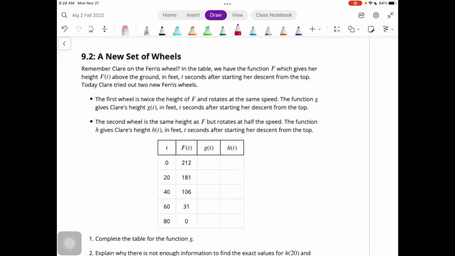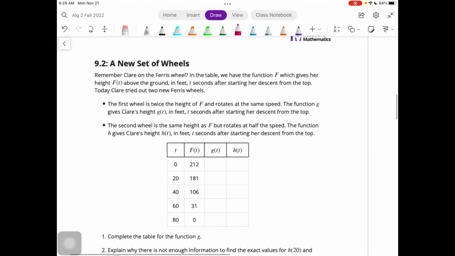All right, so the first one. The height is twice the height of f. So at time 0, that height is going to be 424 because it's twice as high, right? And then at 20, it's going to be twice that 181, so that's going to be 362.